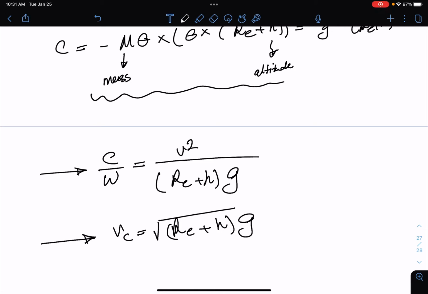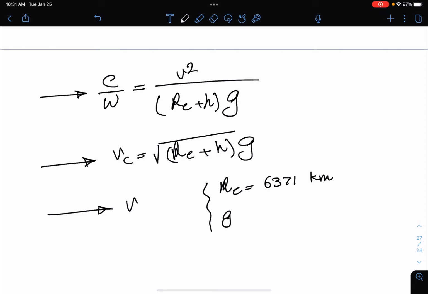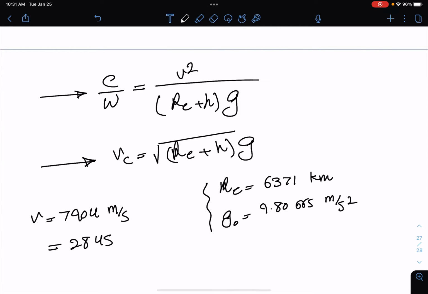If you make some calculations, you see for this velocity, if you plug in the radius of Earth, which is 6,371 kilometers, and the gravitational pull of the Earth G naught, assuming it doesn't change with altitude, 9.8665 meters per second squared, then we can find this velocity to be 7,904 meters per second, which is equal to 28,455 kilometers per hour.